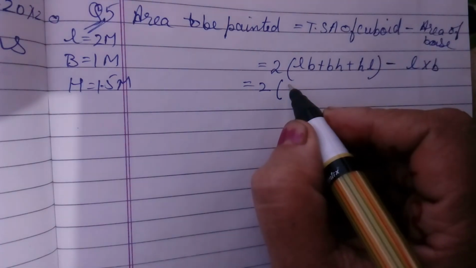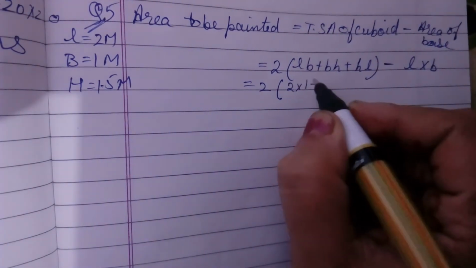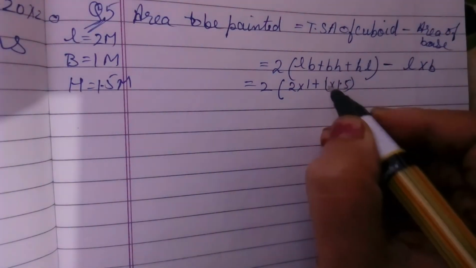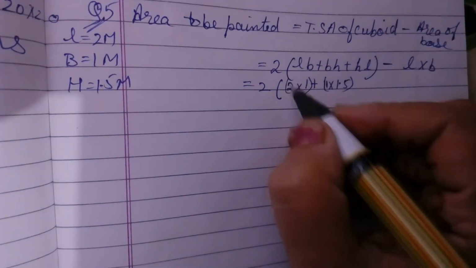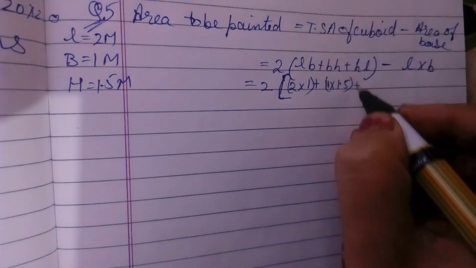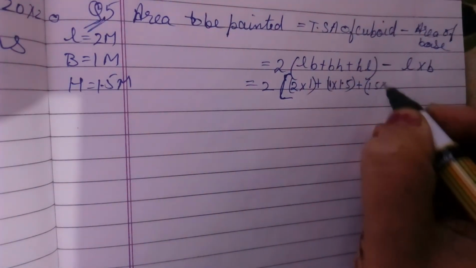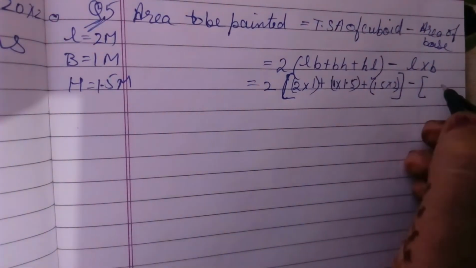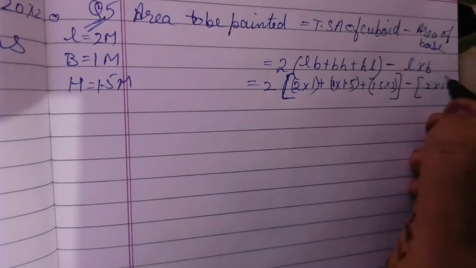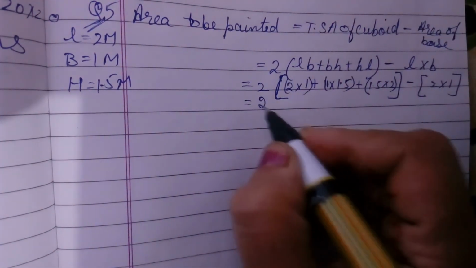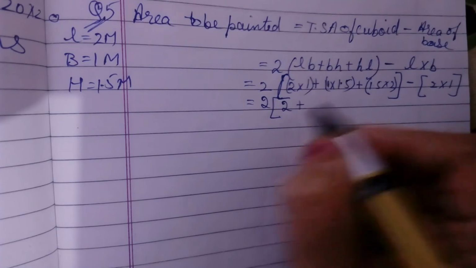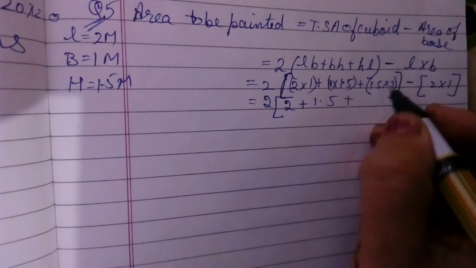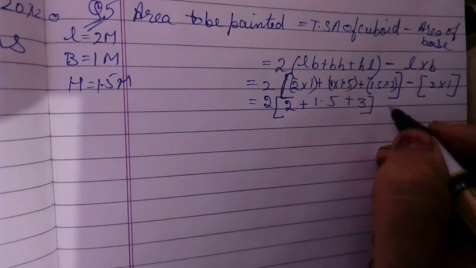So put down the values: 2 into (2 into 1 plus 1 into 1.5 plus 1.5 into 2), minus 2 into 1. You may put small brackets and then make a big bracket.